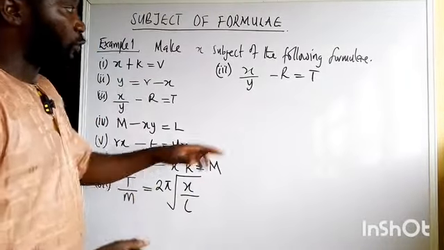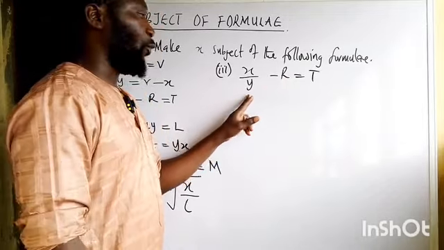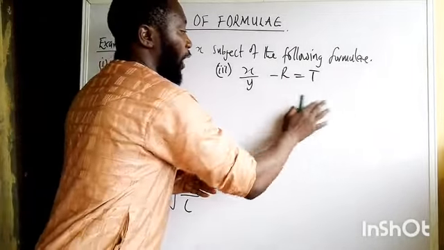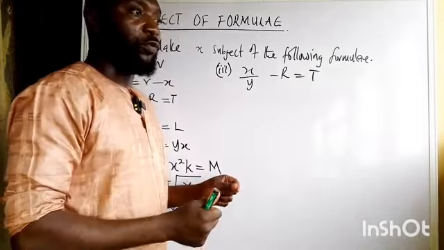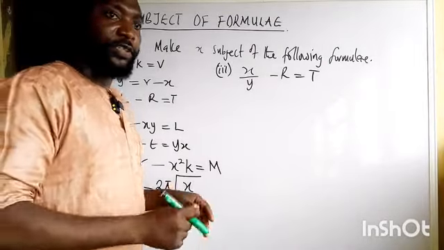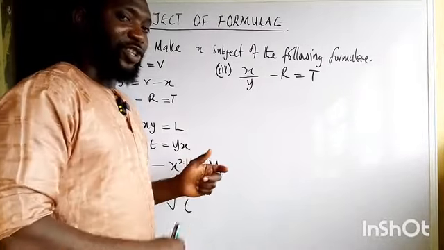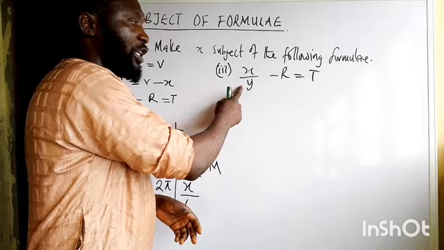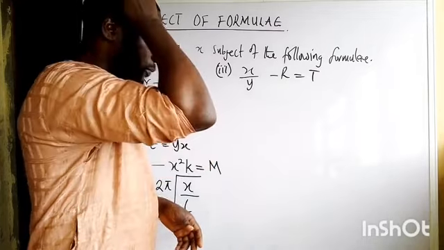Since we know that we are going to remove r before y, in the order in which we remove the letters from the one we want to make subject, you consider the one that is added or subtracted before you think of the one that is joined to it either by division or by multiplication.